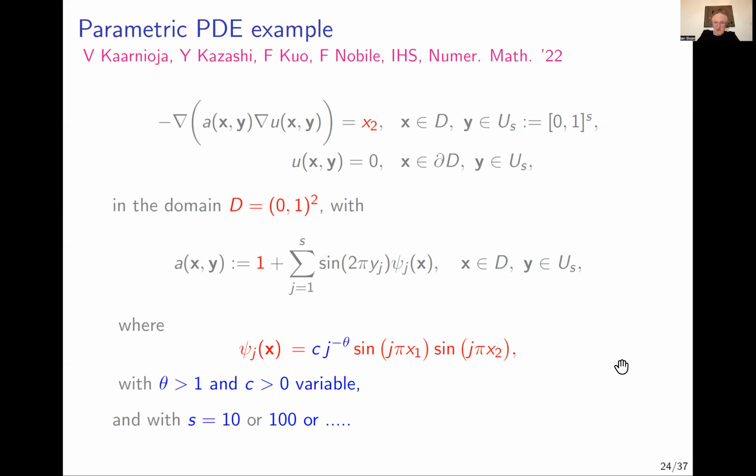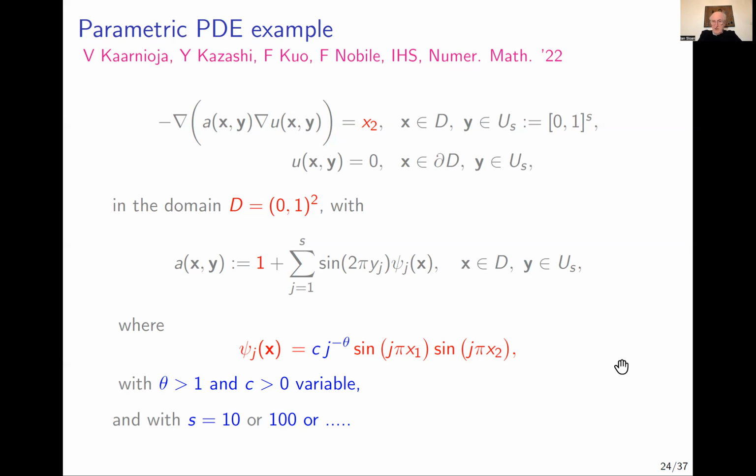Those are the two variables that control how difficult the problem is. By taking c bigger, you make the diffusion coefficient much bigger. If you take it too big, you will destroy the ellipticity of the problem. So there's a limit on how big you can take it.